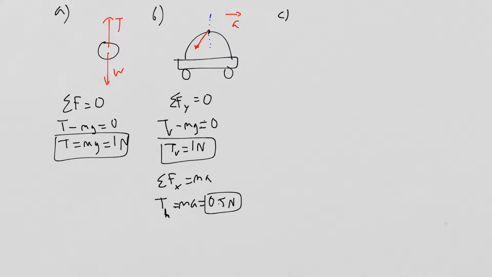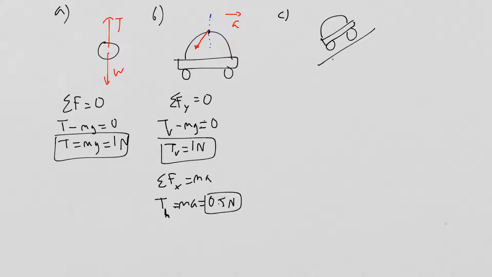Okay, part C. We draw our car again, and vertical. Actually, that's probably a bad drawing because I need it to be tilted. In part C, we're on an incline, so it's going to look more like this.